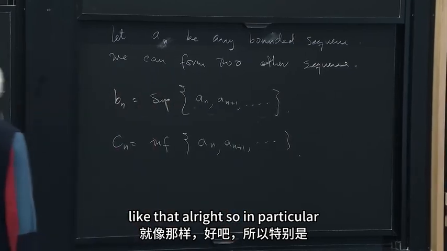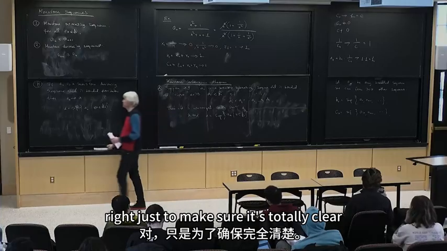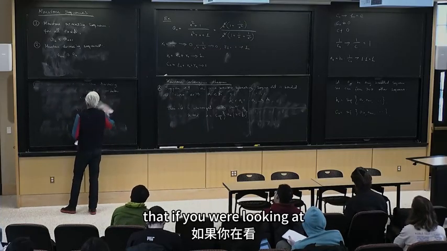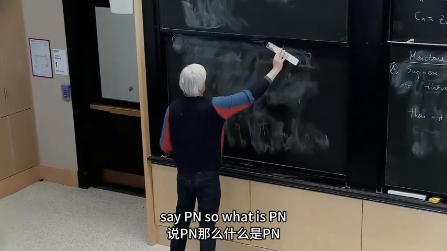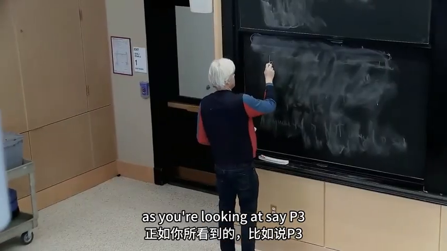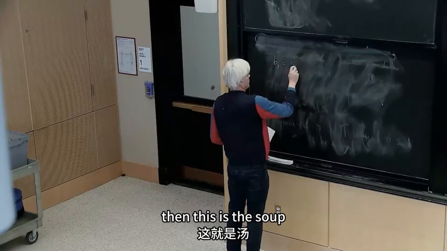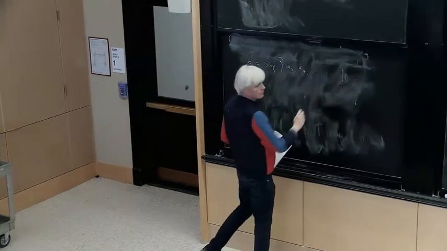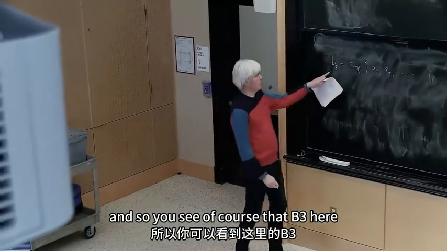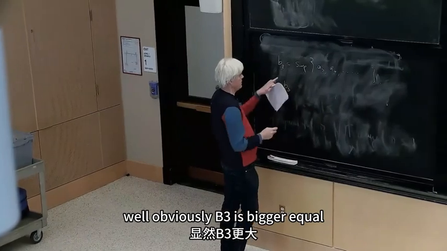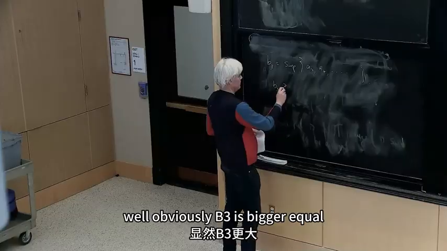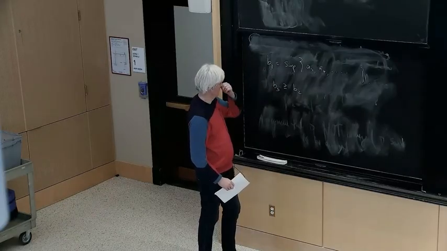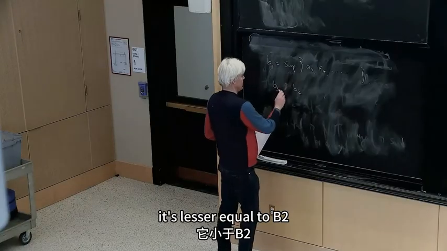Just to make sure it's totally clear, if you were looking at, say, B3, then this is the sup where you're starting at A3, A4, etc. Obviously B3 is not bigger or equal to B2, it's lesser or equal to B2.